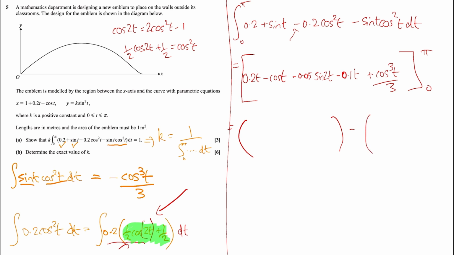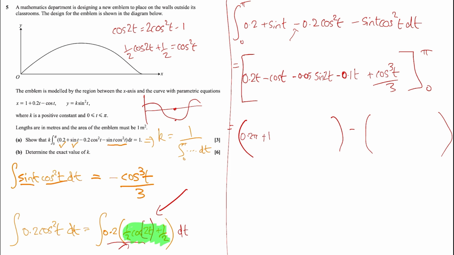Now I like to set up two big round brackets, and we're going to plug in pi and we're going to plug in 0. It's good to bear in mind the graphs here as well. So 0.2 pi, cos of pi, if I draw the cos graph just in here, cos of pi is minus 1, so that's going to be a plus 1.